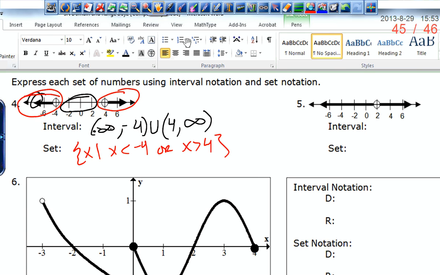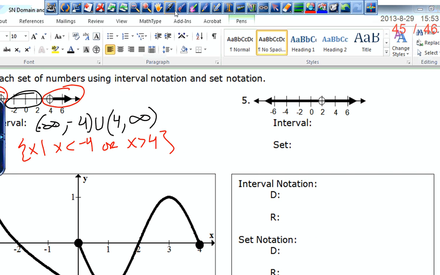Number 5. Interval notation. Is it every number in the world? Yes, but 2, right? So -infinity to 2, union 2 to infinity. We have a hole at 2, so that's why I don't include it.